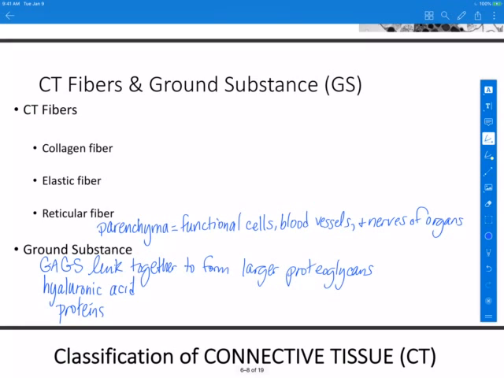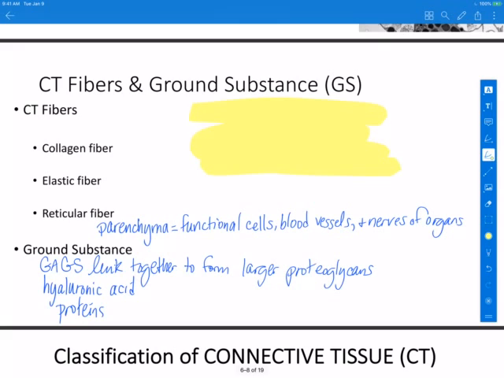And again, the types of fibers and the ratio of fibers to the amount of ground substance is what dictates the properties and the functions of these different types of connective tissue.